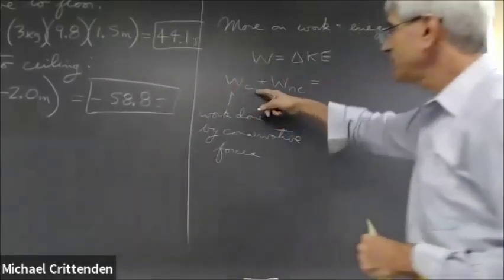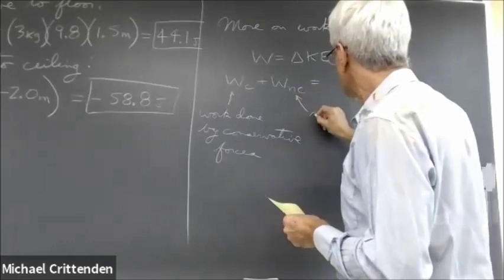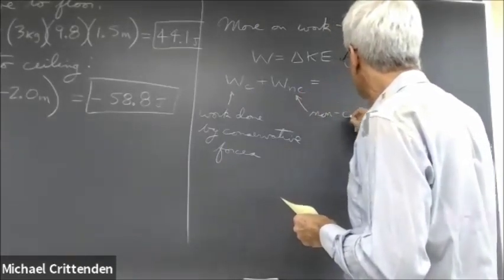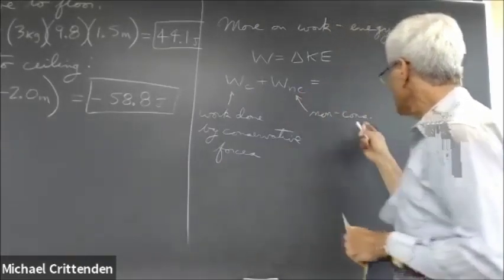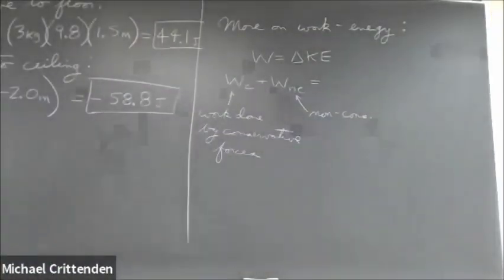So C for conservative. I'll abbreviate because I'm starting to run out of places to write. So NC for non-conservative.